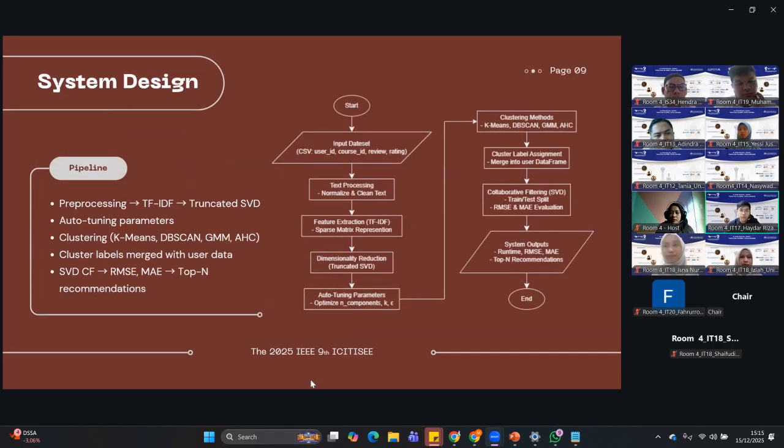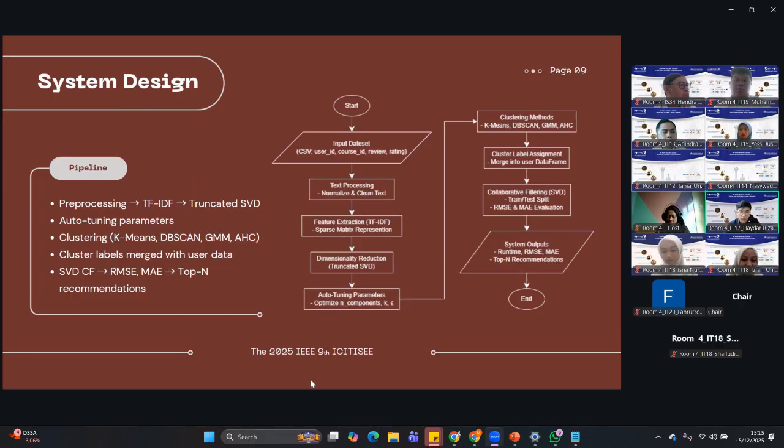System design. This figure shows the overall workflow. We start with text pre-processing, extract the TF-IDF features, and reduce the dimensionality using truncated SVD. Next, we perform parameter tuning and apply four clustering algorithms, which are k-means, DBSCAN, GMM, and AHC.